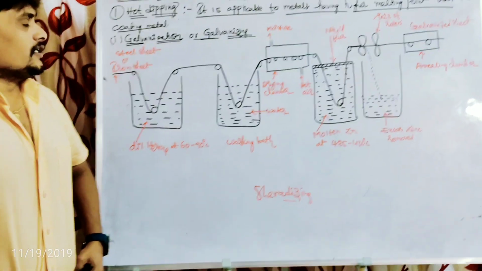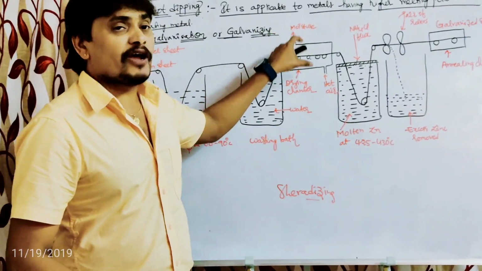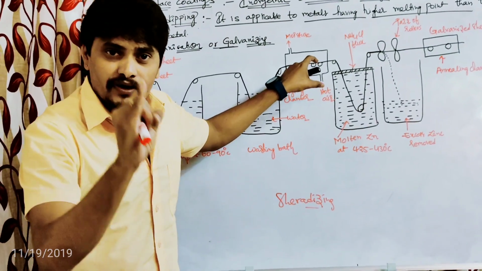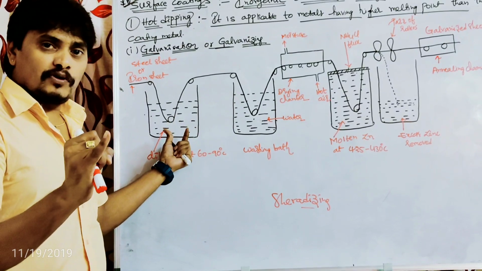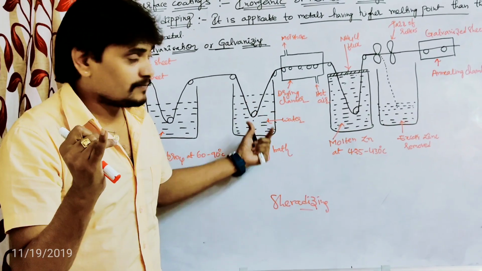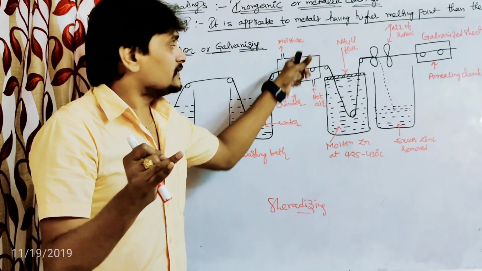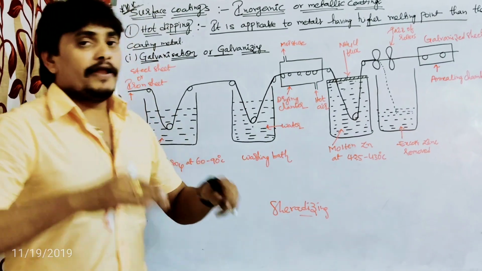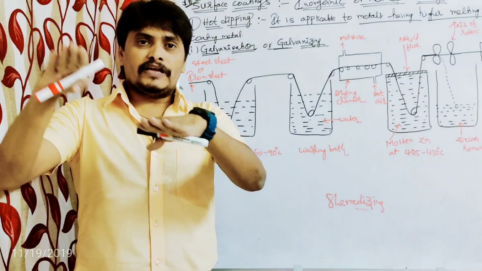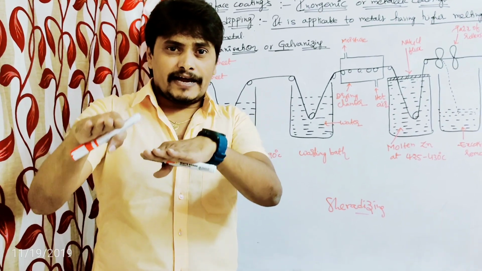Now, the base metal, that is the iron or steel sheet, coming out of the drying chamber is free of impurities: in the first process, free of sulfuric acid, second process, and free of moisture, third process, the drying chamber.